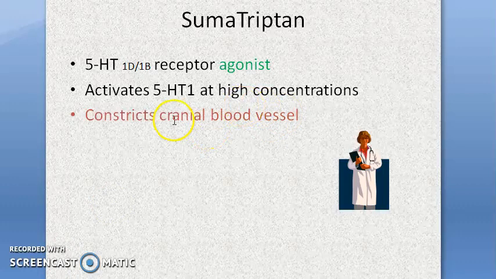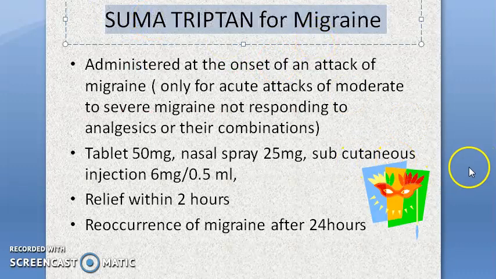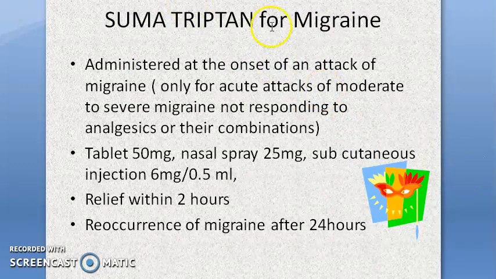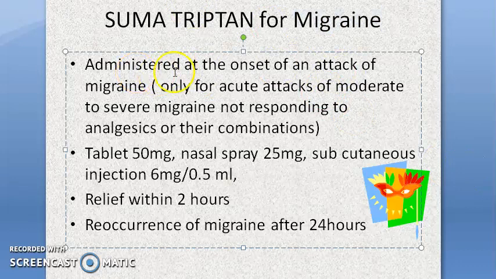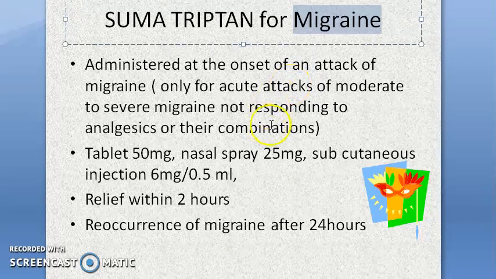Got it, right? We have already told you this many times. Moving on: Sumatriptan for migraine. For migraine, how does Sumatriptan help? We already told you it will constrict cranial blood vessels, so it will help in reducing migraine, and also it will reduce the inflammatory substances.